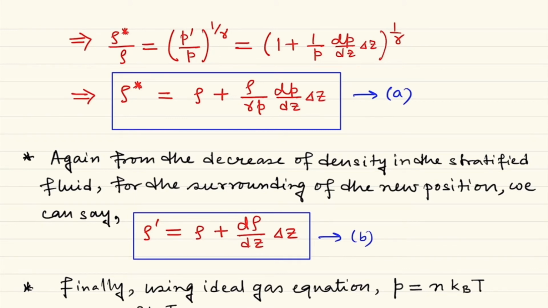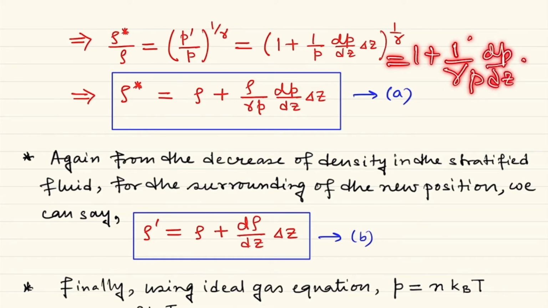And finally you will have rho star equal to rho plus rho by gamma P dp dz delta z, because this is nothing but 1 plus 1 by gamma P dp dz delta z.